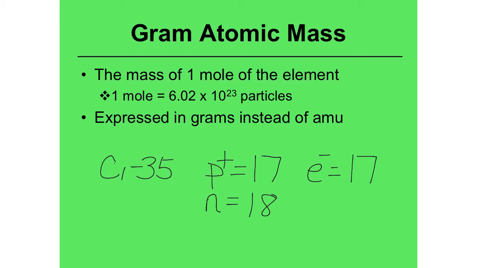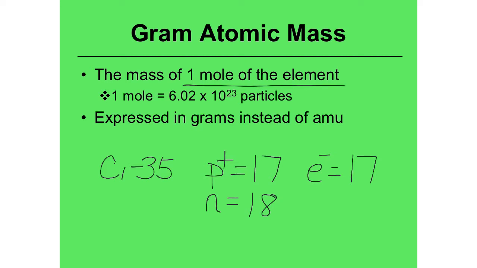Now, find chlorine on the periodic table and notice that its mass listed on the periodic table is 35.453. That's because that is the average mass of 1 mole of the element.